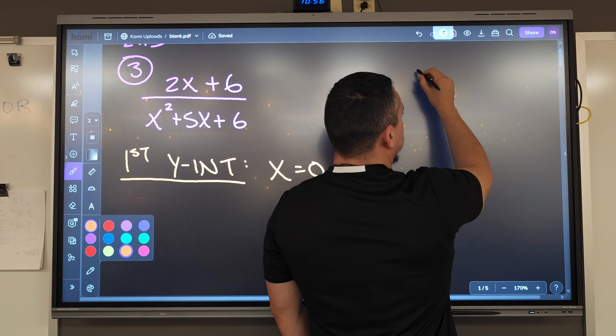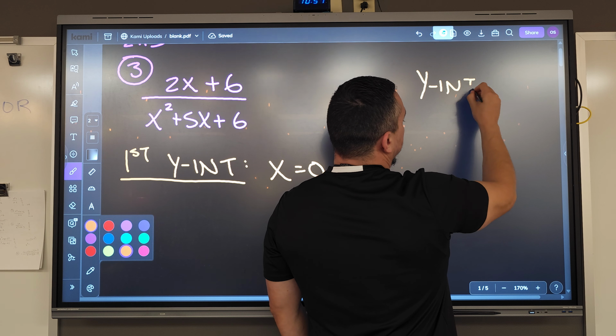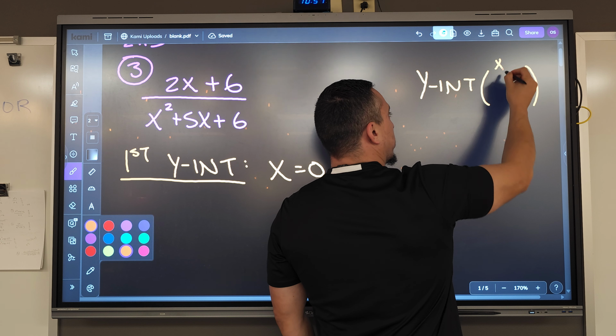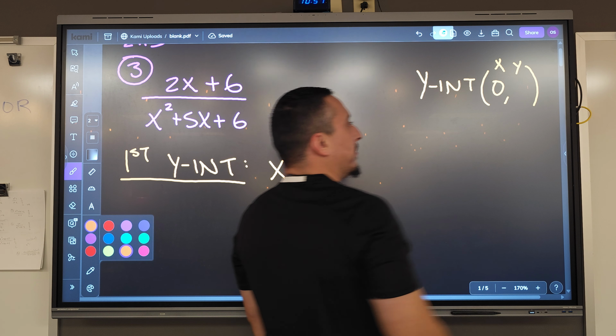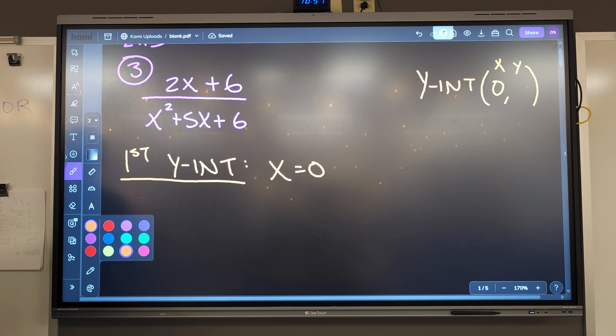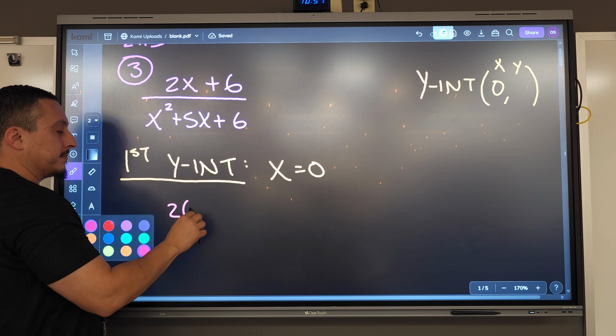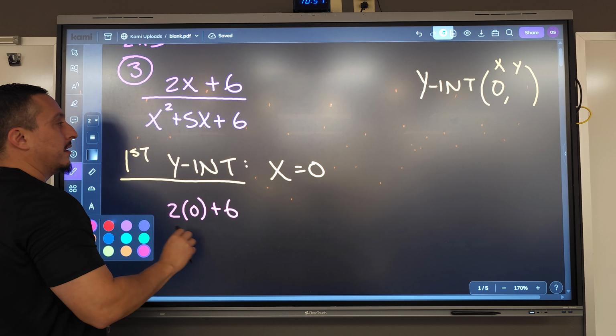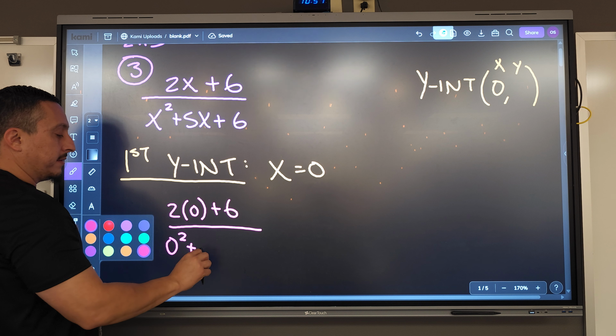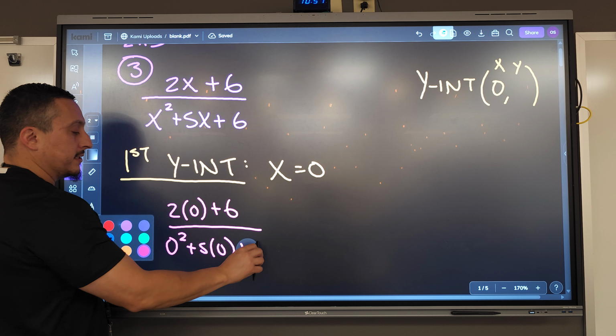So the first answer we're going to get is the y-intercept. And I already know that x will be 0 because always the x is 0 for the y-intercept. So now what I do is I just plug in 0 into the x's. 0, 0 squared, 5 times 0 plus 6.